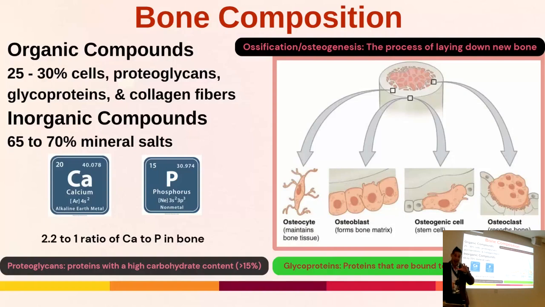The cells that we have in our bone are osteocytes, osteoblasts, and osteoclasts. The process we call ossification or osteogenesis is responsible for laying down new bone tissue, so laying down new calcium and phosphorus, and it's osteoblasts that do that job. The other cells, osteoclasts, are responsible for bone resorption.